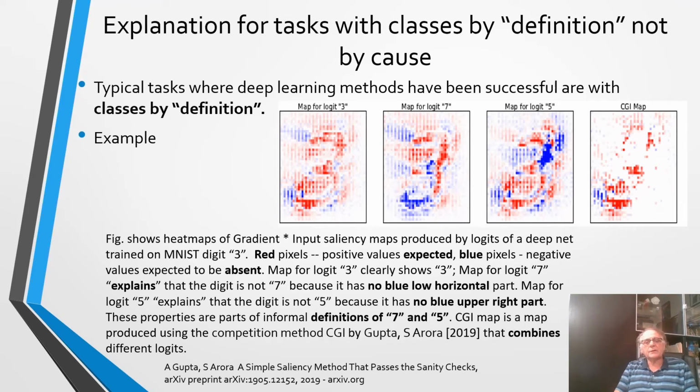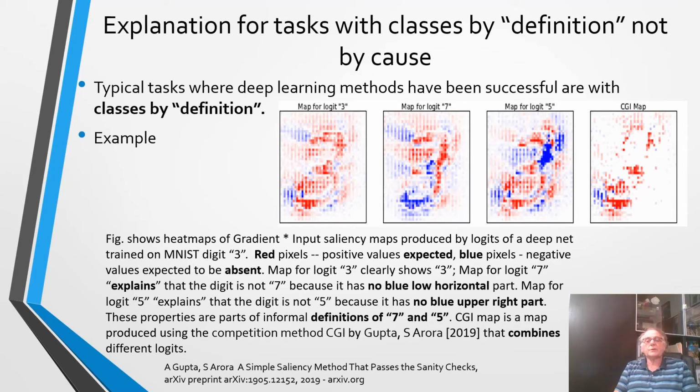Now you can see that red ones indicate the correct salient pixels, or better said, expected in the digit 3, and the blue ones are not expected.